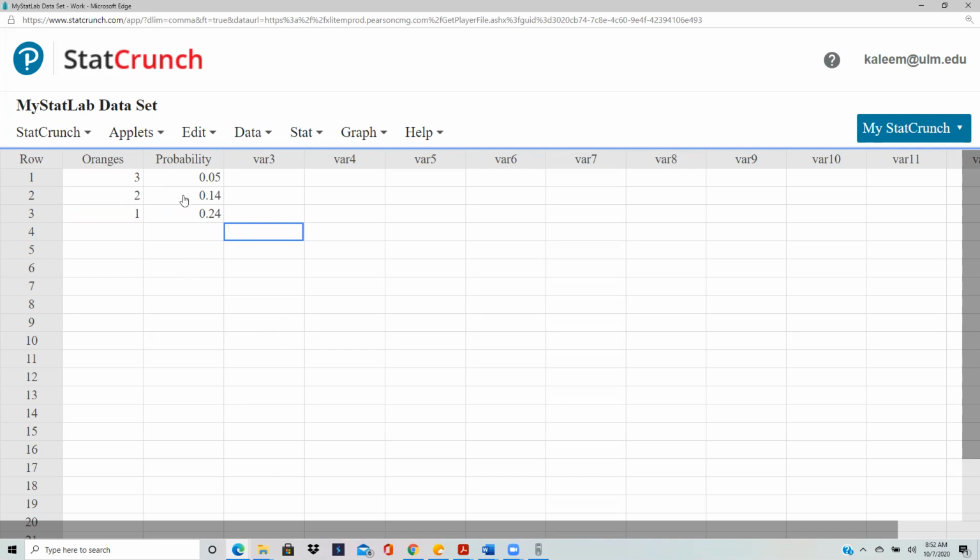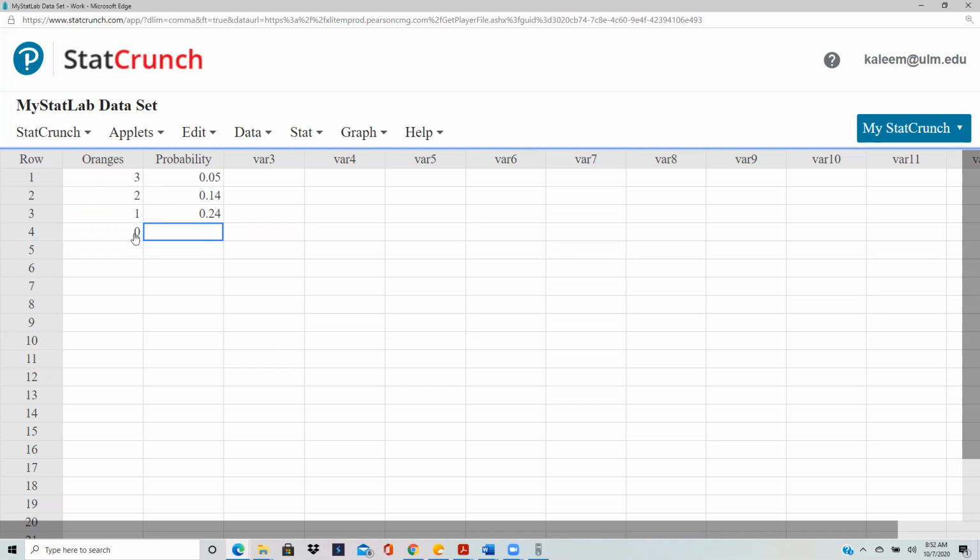But remember that all the probabilities have to add to 1, and these 3 probabilities are not adding up to 1. And the reason for that is that we don't have one situation here, which is having no defects, which is 0 defects.